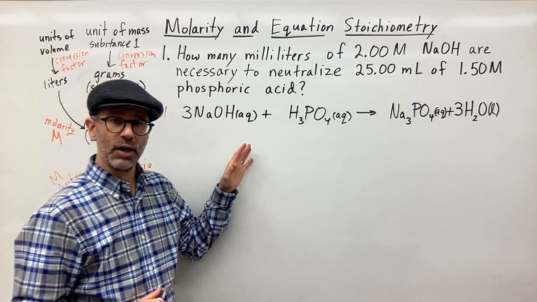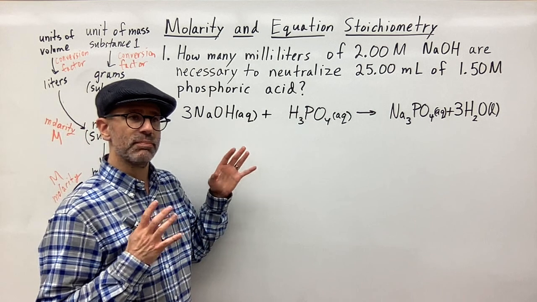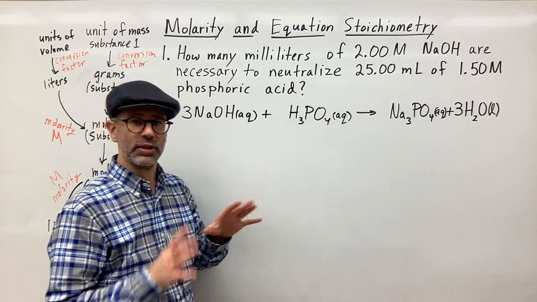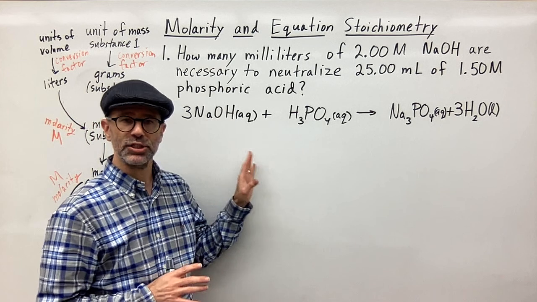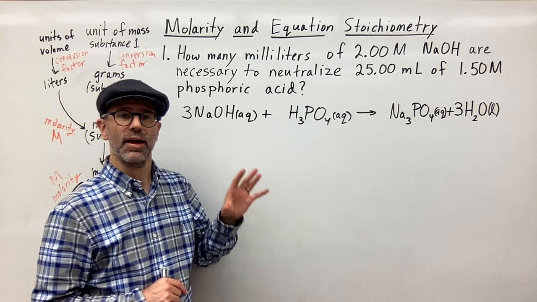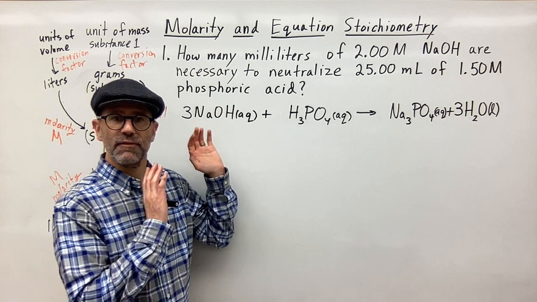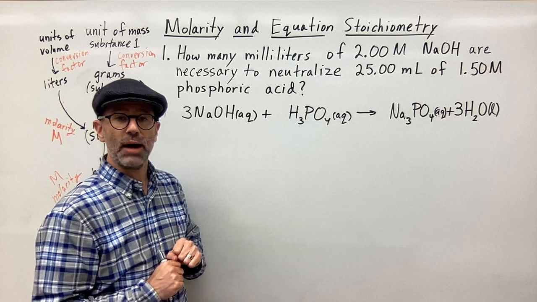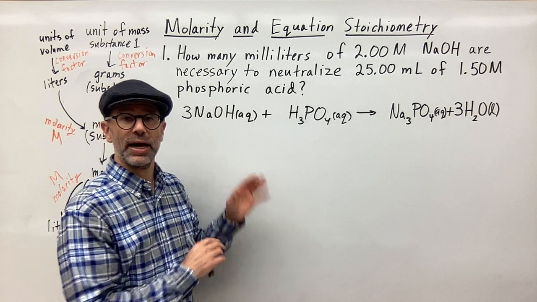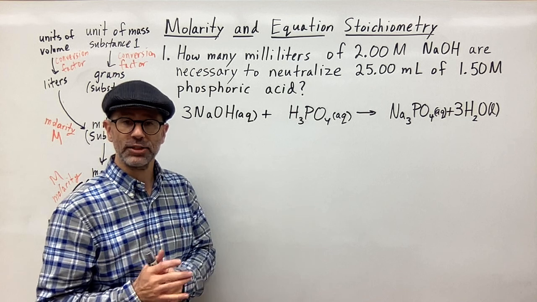So the other thing that I want to really emphasize here is there's maybe 2, maybe 3 ways of solving this problem. But the way that I show is the conversion factor way. So I'm going to solve this by using the molarities they give me as conversion factors.